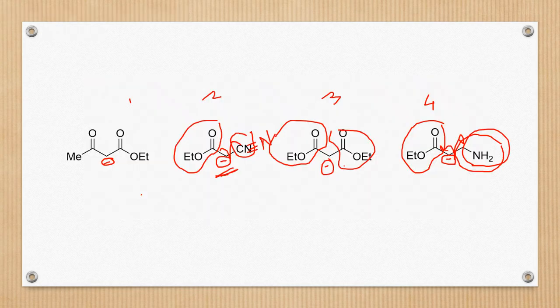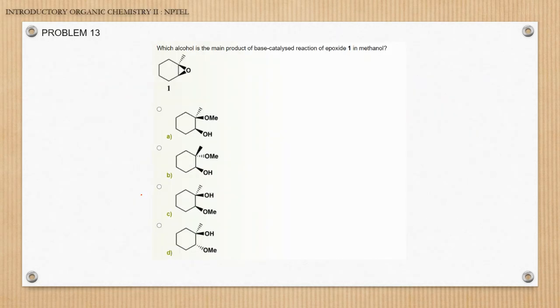Okay. Now coming to the next problem. Which alcohol is the main product of base catalyzed reaction of epoxide 1 in methanol? So, you have to just identify the alcohol. There is an epoxide opening by methanol, which is base catalyzed. That means methanol, if it is base catalyzed, is present as a methoxide anion, right?